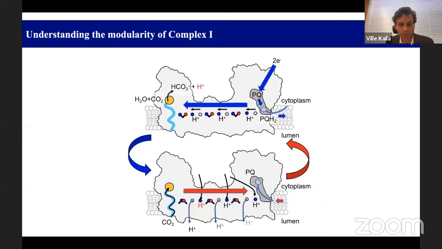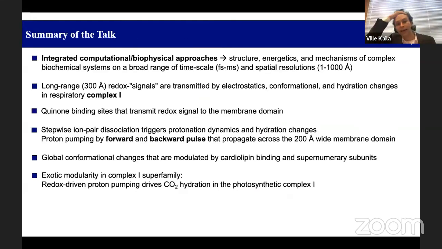You can look at the paper, but I would like to put a few summary points. I hope that I convinced you that by integrating computational approaches with biophysical techniques, you can get a very powerful way to ask mechanistic questions of the system on a very broad range of timescales and spatial resolutions.